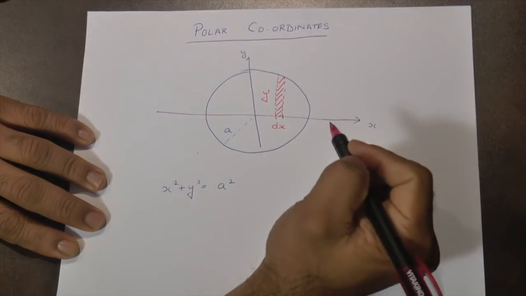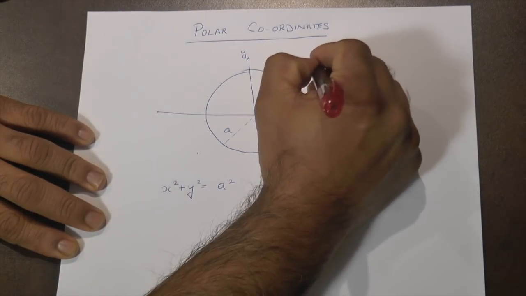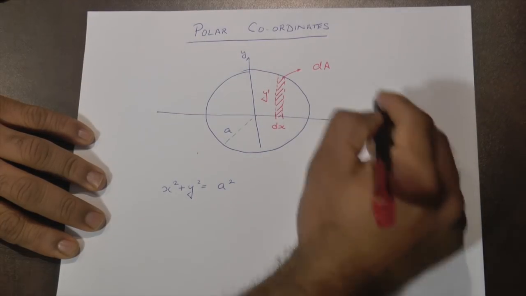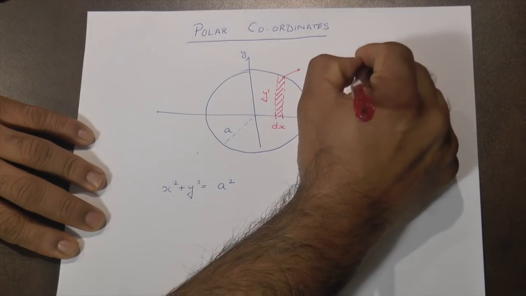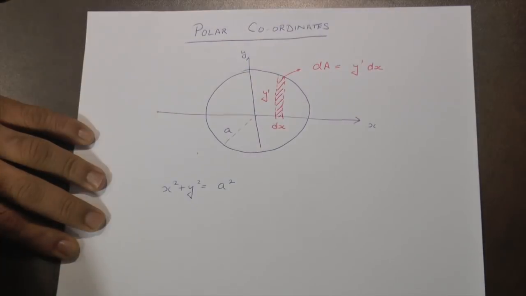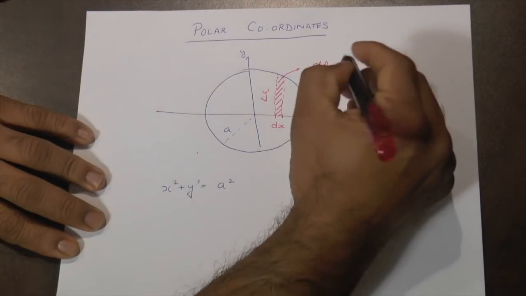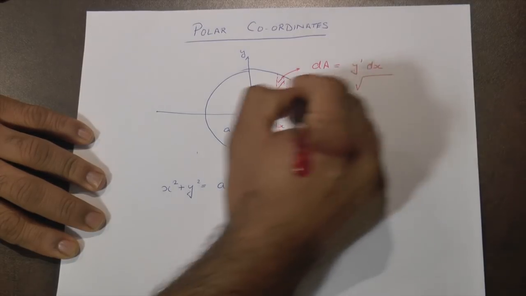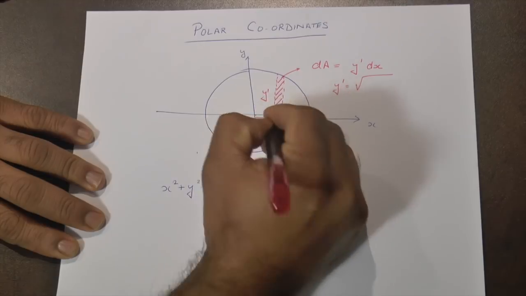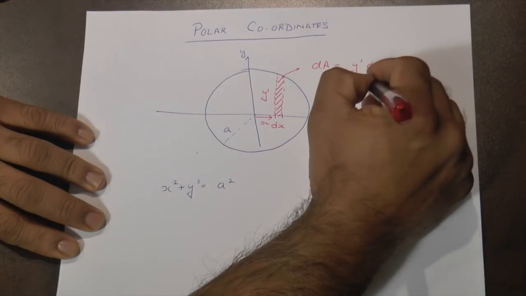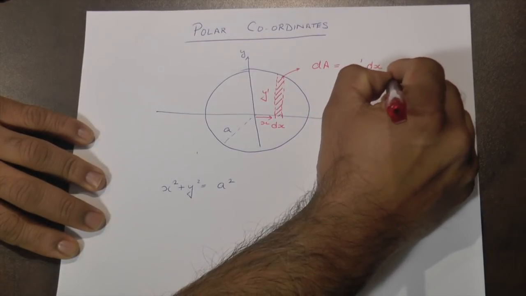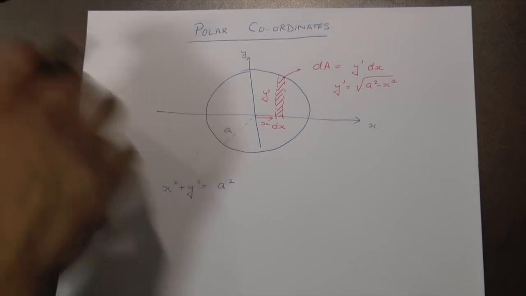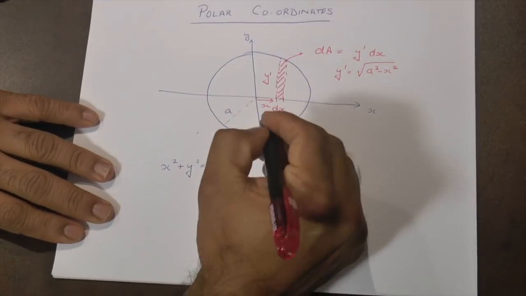If this is y prime, then the small differential area dA is going to be given by y prime times dx, and y prime is going to be, if I am some x away, the square root of a squared minus x squared. So you have tried to calculate the area.